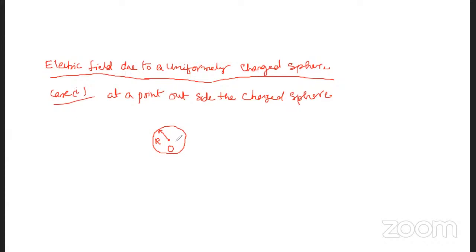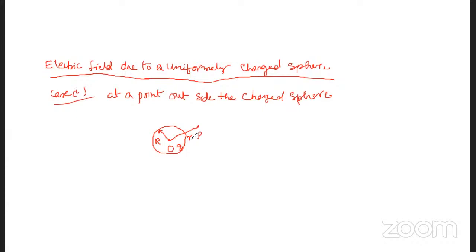Now we take a point P, which is outside the sphere, at a distance of small r from the center of the sphere.